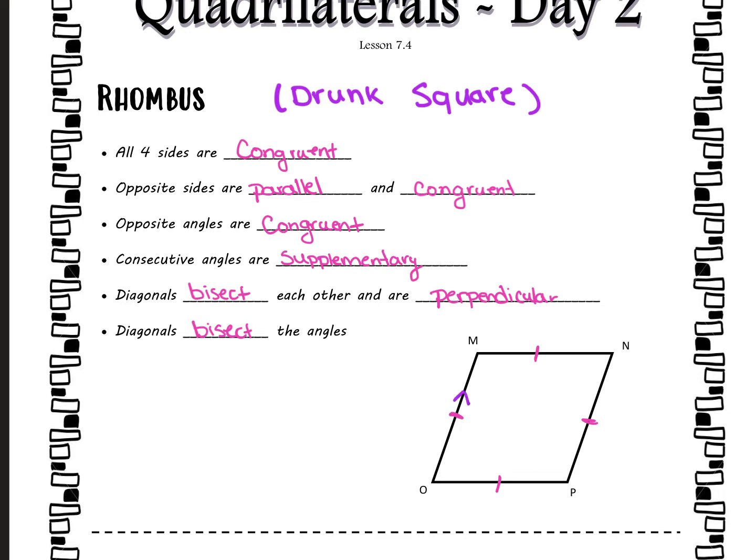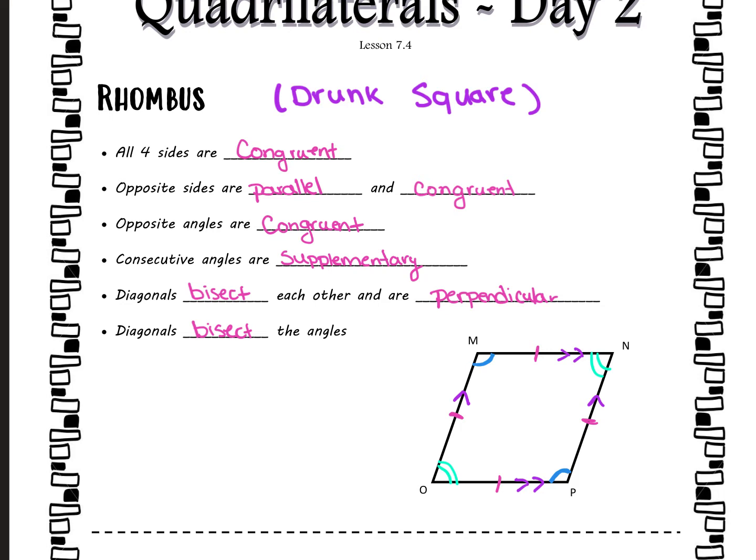So for parallel, we need to draw our arrows like that. The opposite angles are going to be congruent. So this angle M right here is going to be congruent to angle P, and then angle O to angle N needs 2 arches.